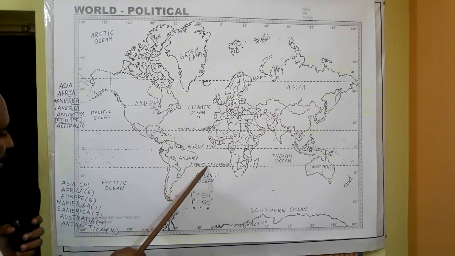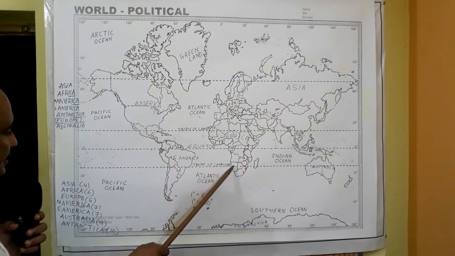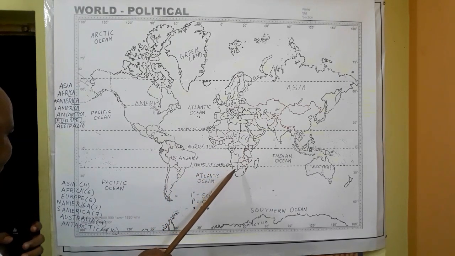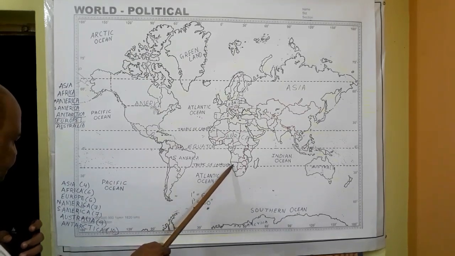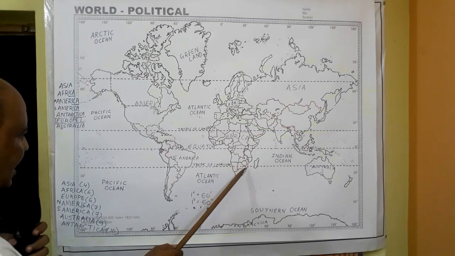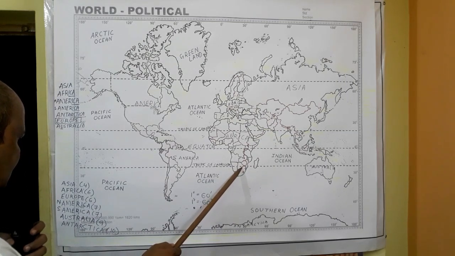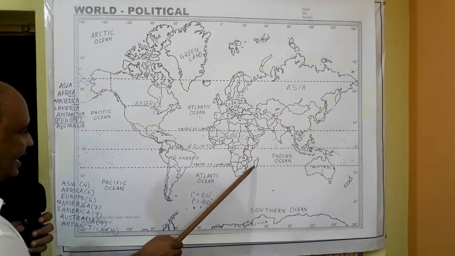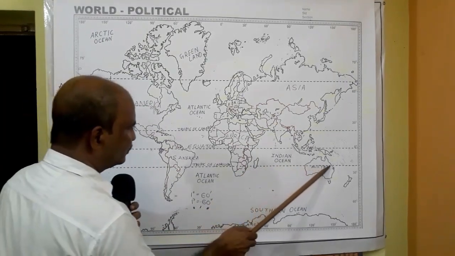Then after South America, it enters African countries: Namibia, Botswana, South Africa, after South Africa Mozambique, and after Mozambique Madagascar, and then enters into Australia.